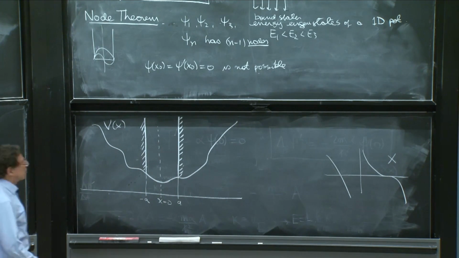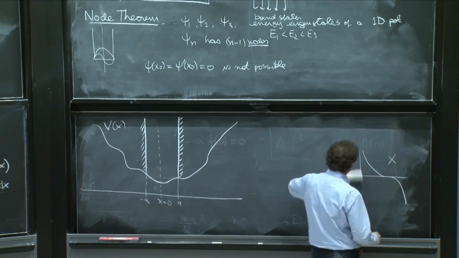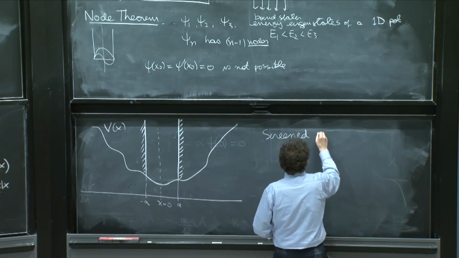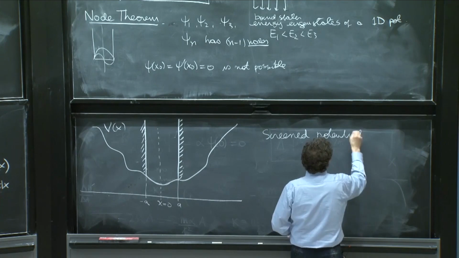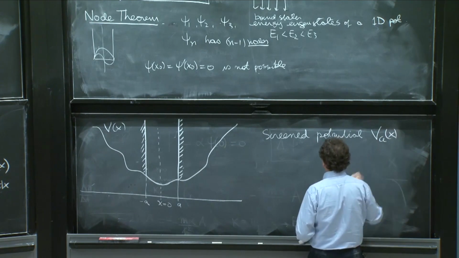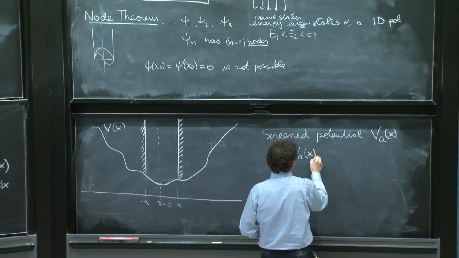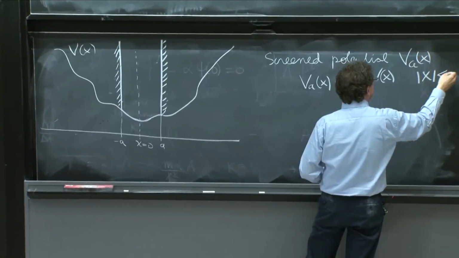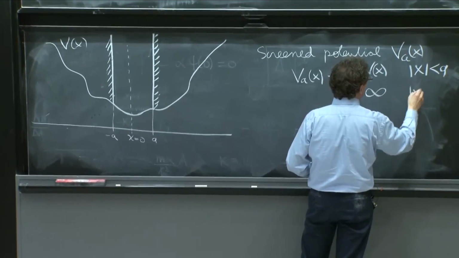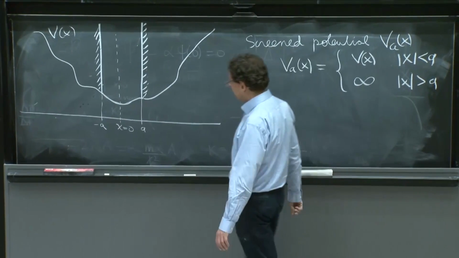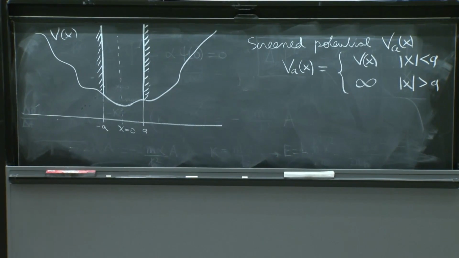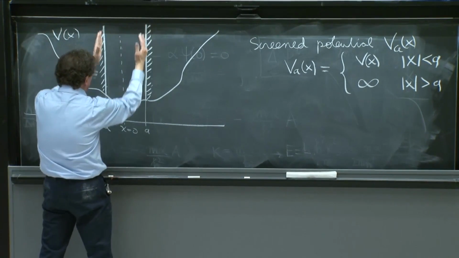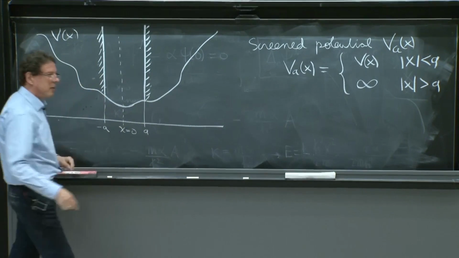So this will be called the screened potential V_a of x, in which V_a of x is equal to V of x for x less than a, and it's infinity for x greater than a. So that's a potential in which you sort of turn your potential into an infinite square well whose bottom follows the potential. It's not flat.